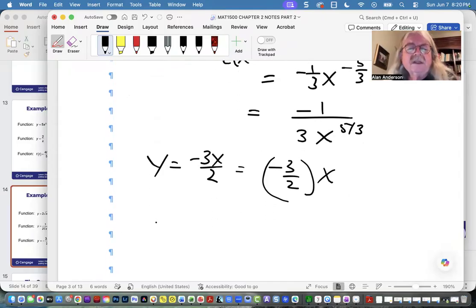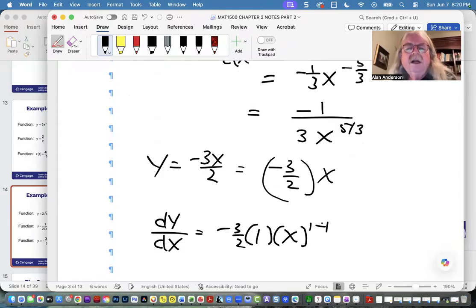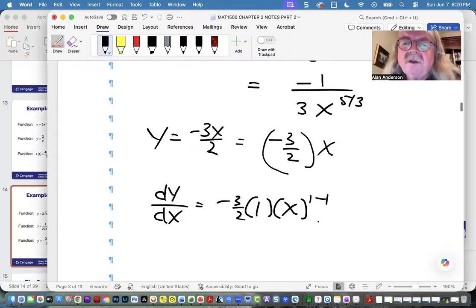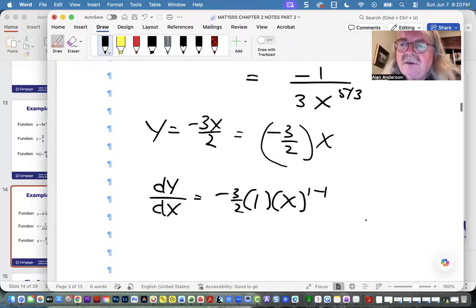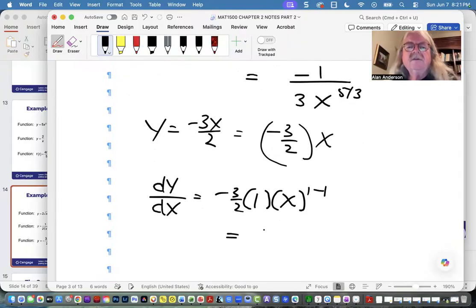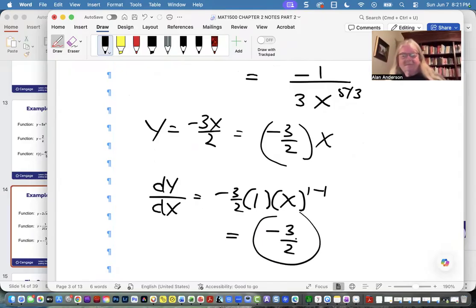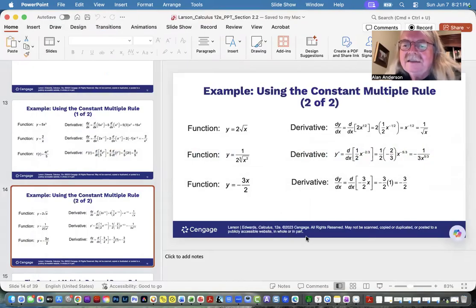So we can apply this rule again. But now the exponent becomes 1 minus 1. And that's just 0, which means that we end up with just negative 3/2. Tricky.